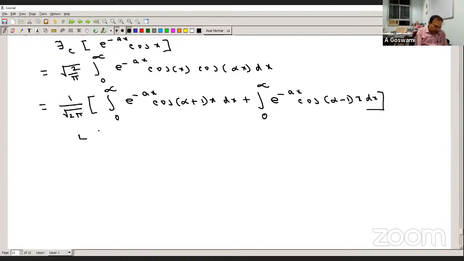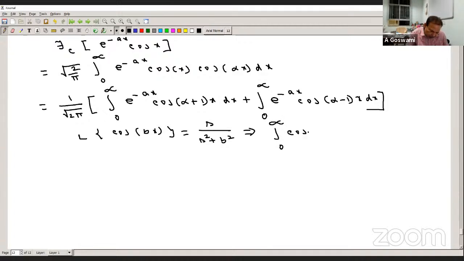You know the Laplace transform of cos bx is s by s square plus b square, which means the integral from 0 to infinity of cos bx e to the power minus sx dx equals s by s square plus b square.